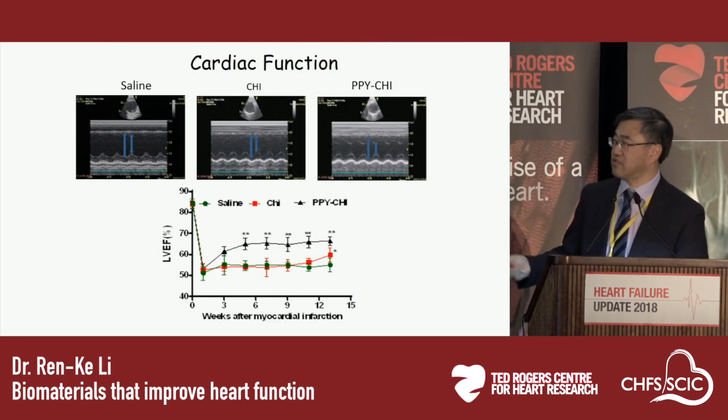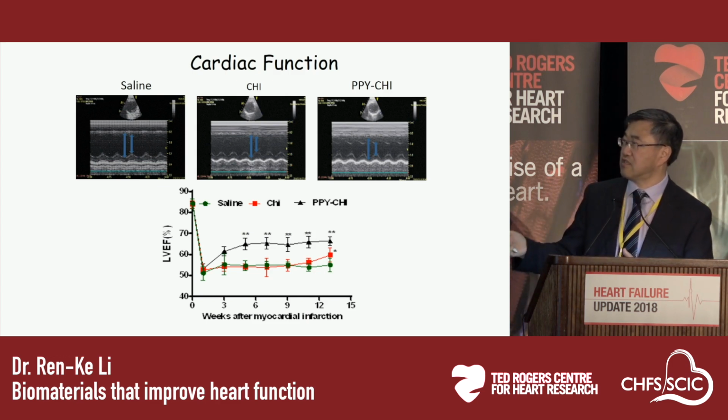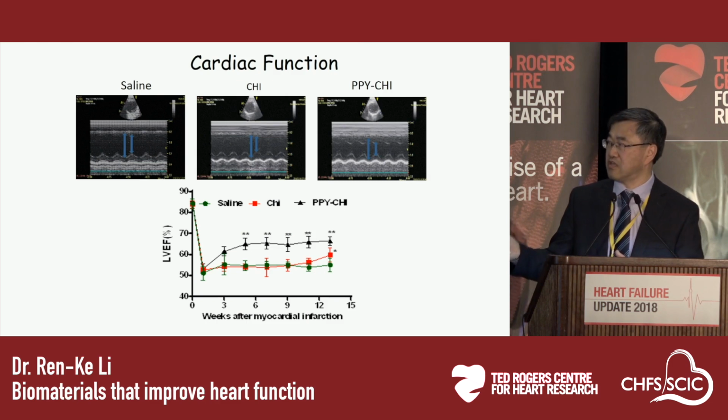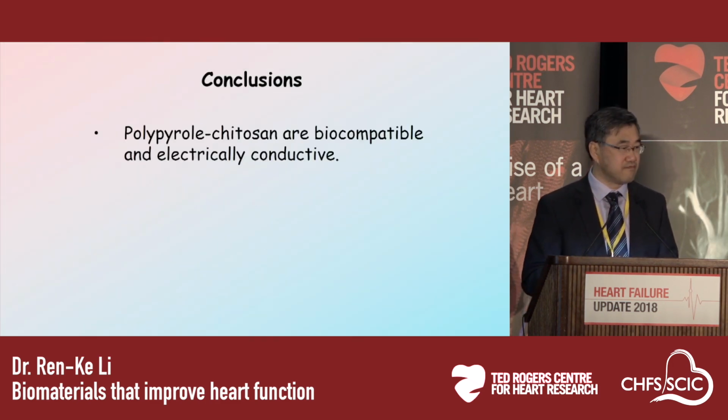So this slide showed the function improvement. Actually, the main talk is about how the conductive biomaterial can change the conduction velocity, and so improve cardiac function just by being given.